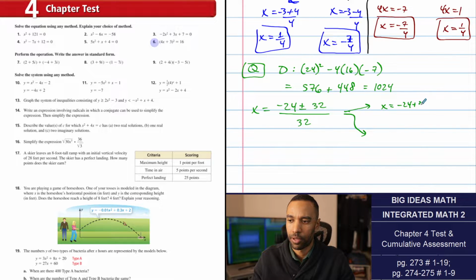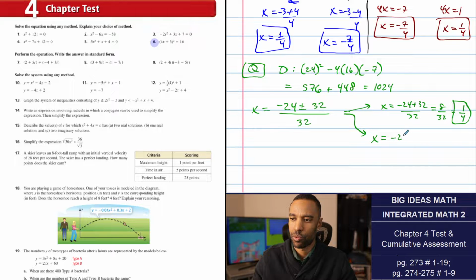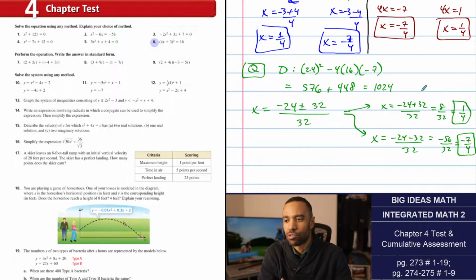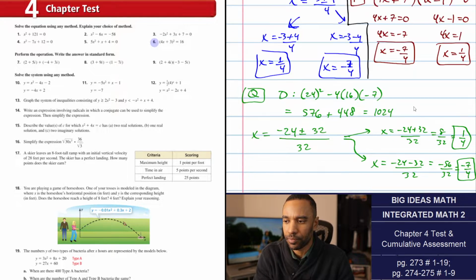Negative 24 plus 32 over 32, which is 8 over 32, or 1/4. That's an answer that we have. And negative 24 minus 32 over 32, which is negative 56 over 32. Oh, okay. I thought we had 4/7 as an answer, not 7/4, which is negative 7/4. Okay, that does work. I was going to say, what am I doing? Okay, so those are the two answers there.